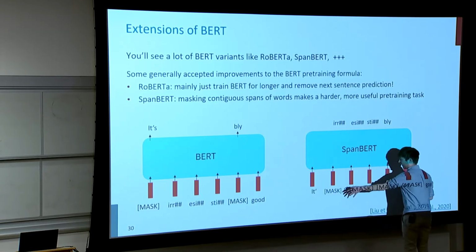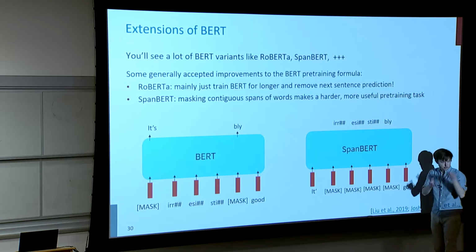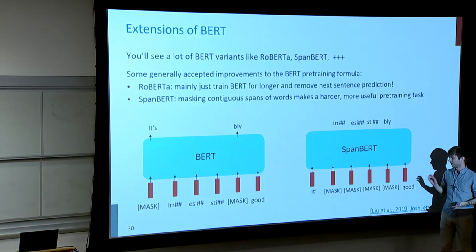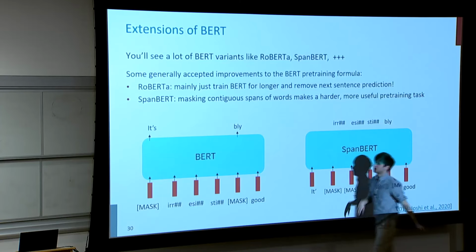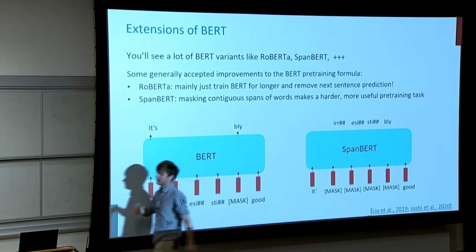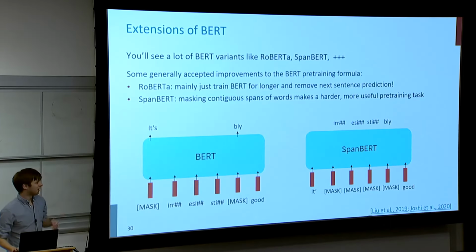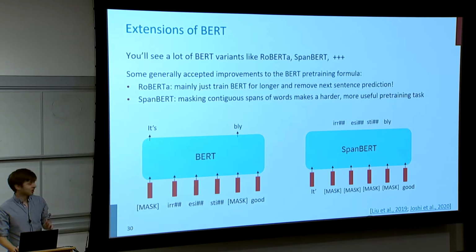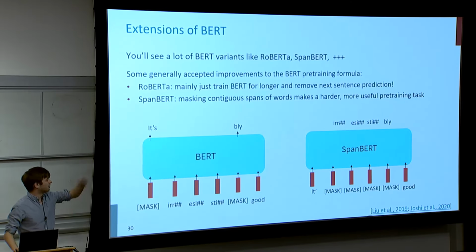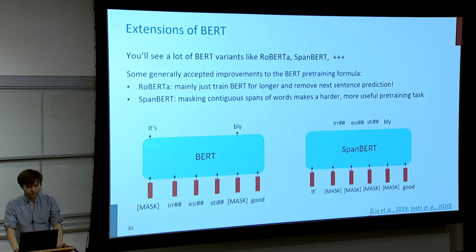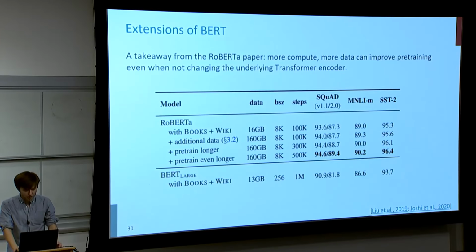Whereas if I have a much longer sequence, it's a trade-off, but this might be a harder problem, and it ends up being better to do this span-based masking than random masking. That might be because subwords make very simple prediction problems when you mask out just one subword of a word versus all the subwords of a word. Okay, so this ends up doing much better.